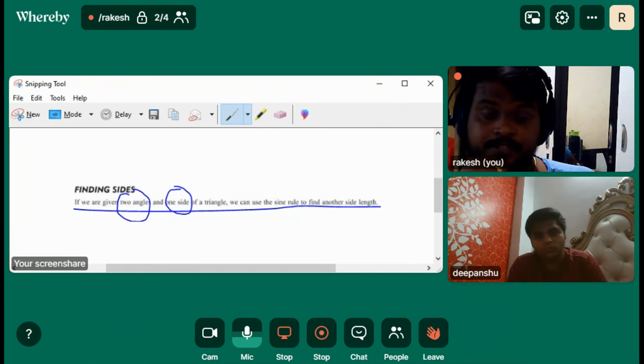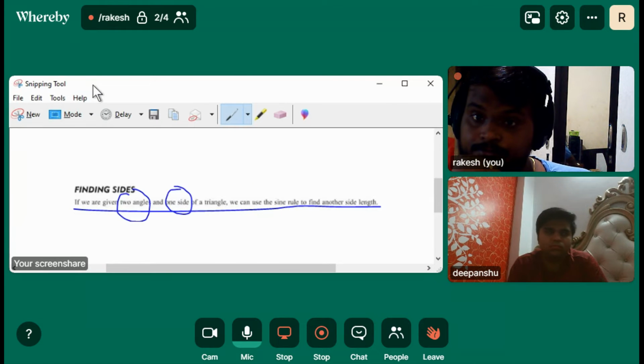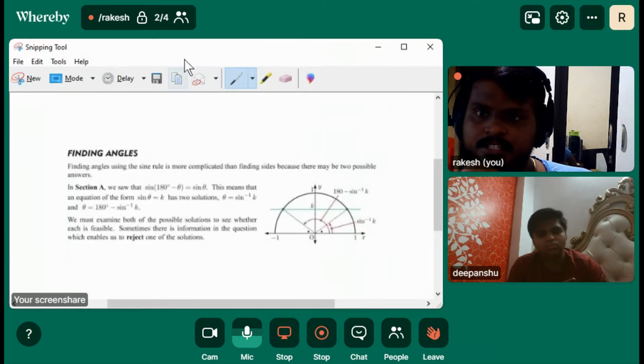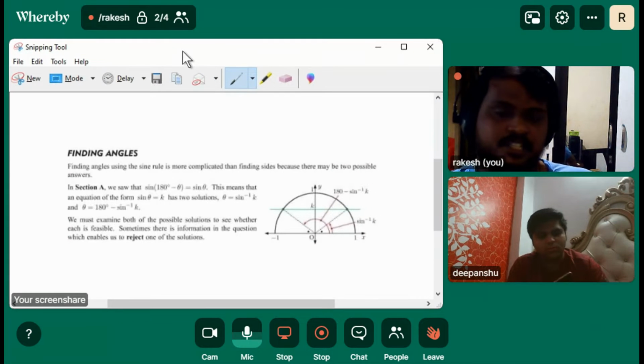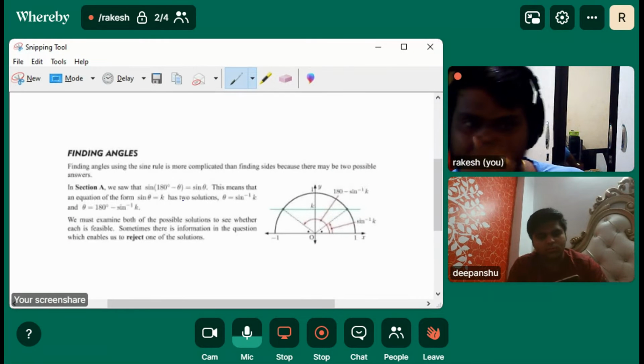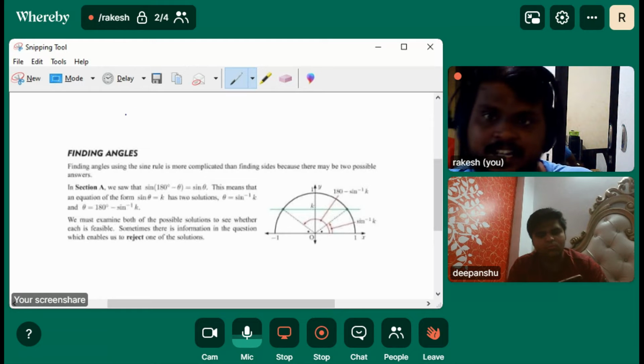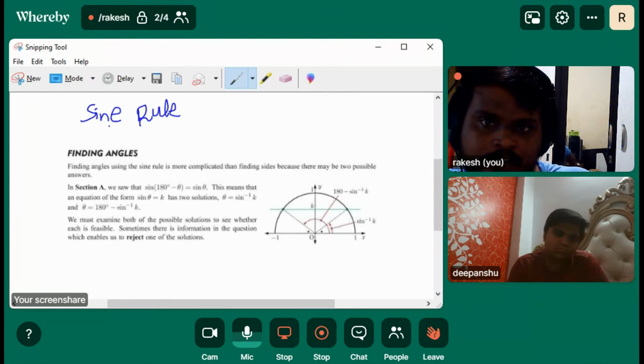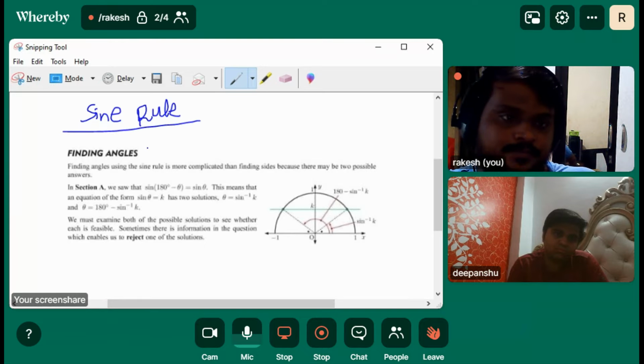Then, finding angle. Finding angle is basically the drawback of this. The drawback of the sine rule means the sine rule is not perfectly reliable when we find the angle.